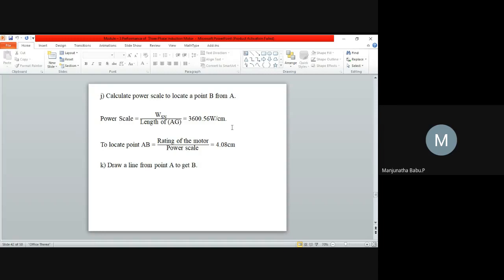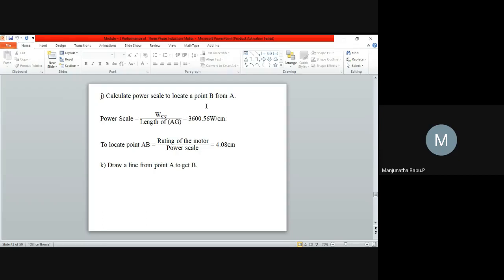Right, no problem. Next, to locate point B, this is the calculation we have to do. The rating of the motor is given in the data as a 20 HP motor. So 20 HP into 746 or 735.5, divided by the power scale.